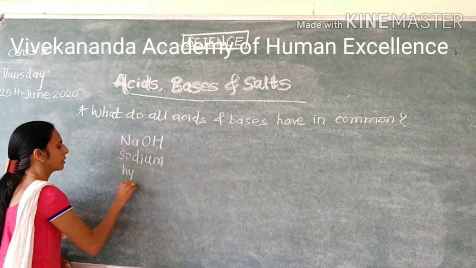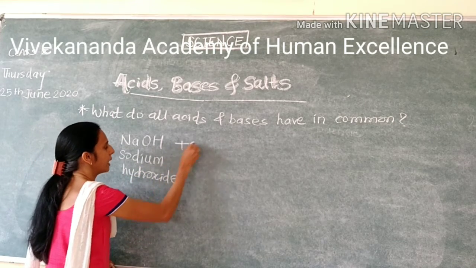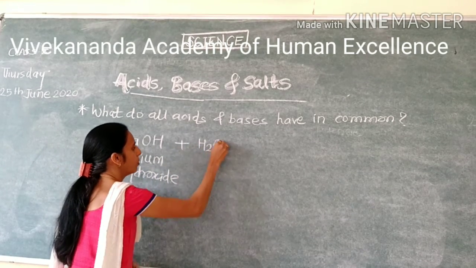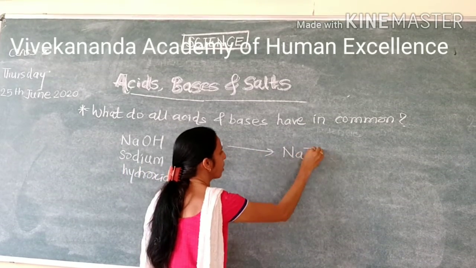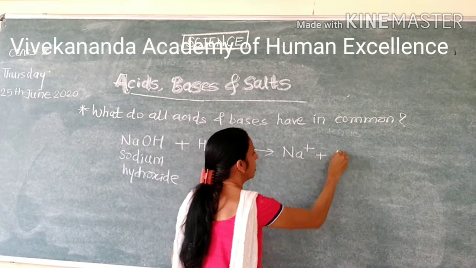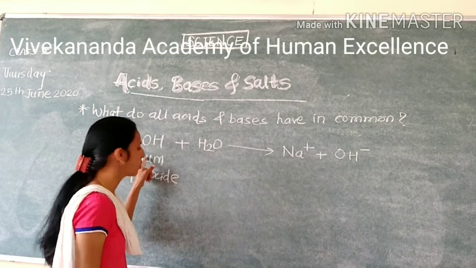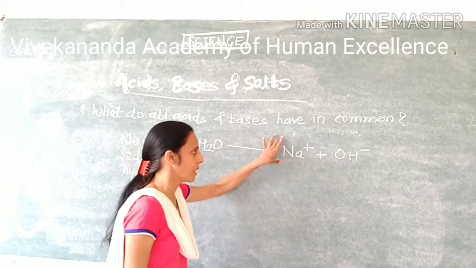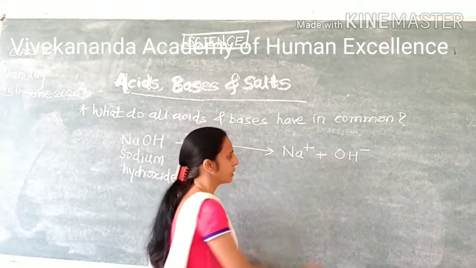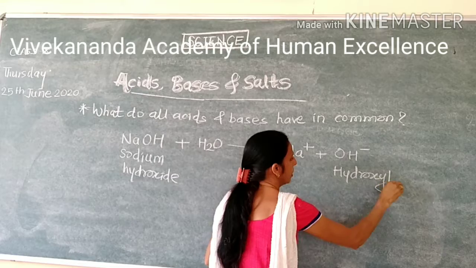Sodium hydroxide is diluted with the water, then there is separation of positive ion and negative ion. Here, in case of sodium hydroxide, Na plus ion, sodium ion, and OH minus, that is hydroxyl ion, get separated.